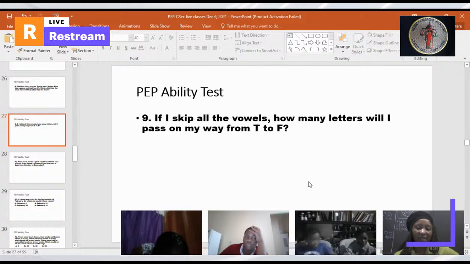Number 9. If I skip all the vowels, how many letters will I pass on my way from T to F?